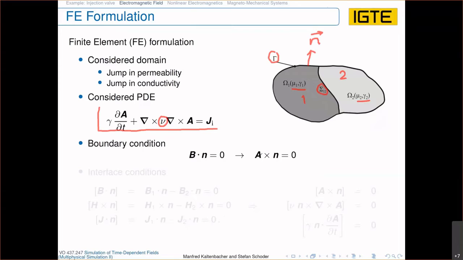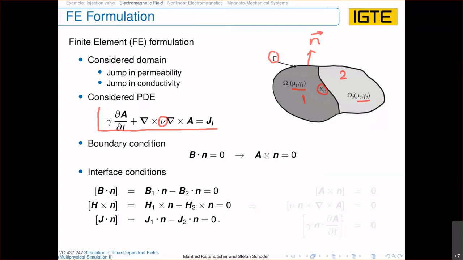So this is the transformation, in 3D if you have such a field, between a dot product and the cross product, when you have the relation clearly between B and H over the curl. Yeah, and in addition, we should not forget we have quite a lot of interface conditions. We have that the normal component of B should be continuous, so B1 in normal vector minus B2 in normal vector should be 0.